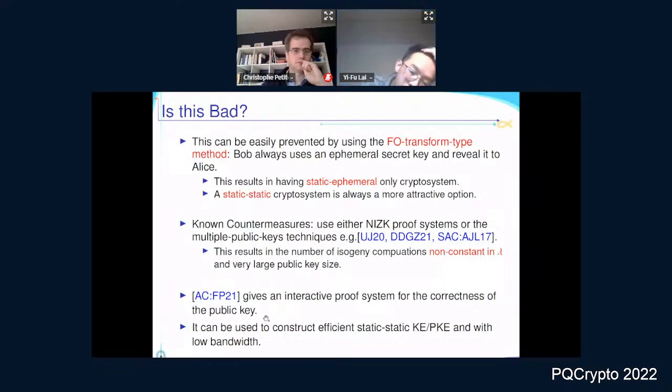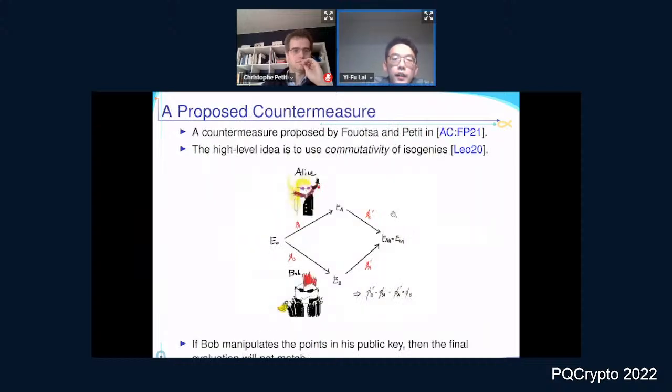In Asiacrypt 2021, Fouotsa and Petit gave an interactive proof system for the correctness of the public key. And it can be used to construct efficient static-to-static key exchange or public key encryption with low bandwidth. The high-level idea in their work is to use the commutativity of isogenies. By some mathematical theorems, we know these isogenies are isomorphic.